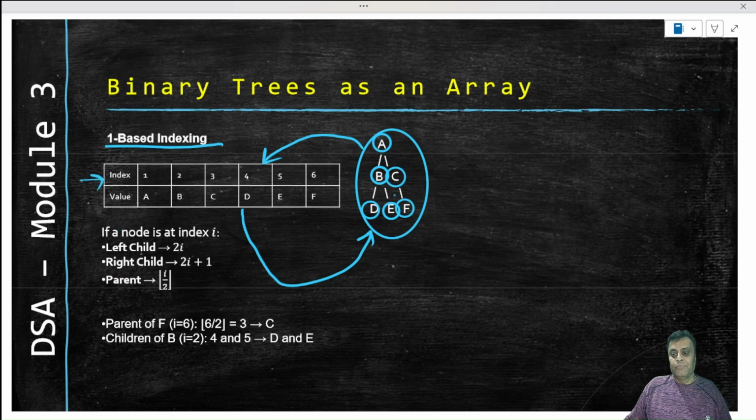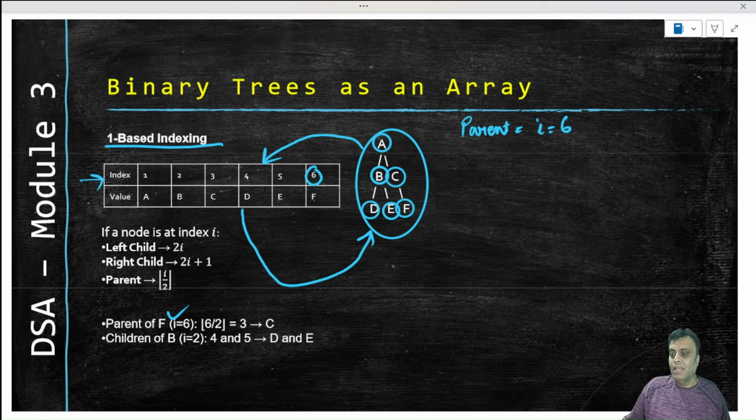It's very simple. You will take the parent rule, which says that if you are at I, whichever is the value of I, for example, we will take this example. Let us say I is at 6. So who is this? F. Then I want to know who is the parent of F. Then what will I do?